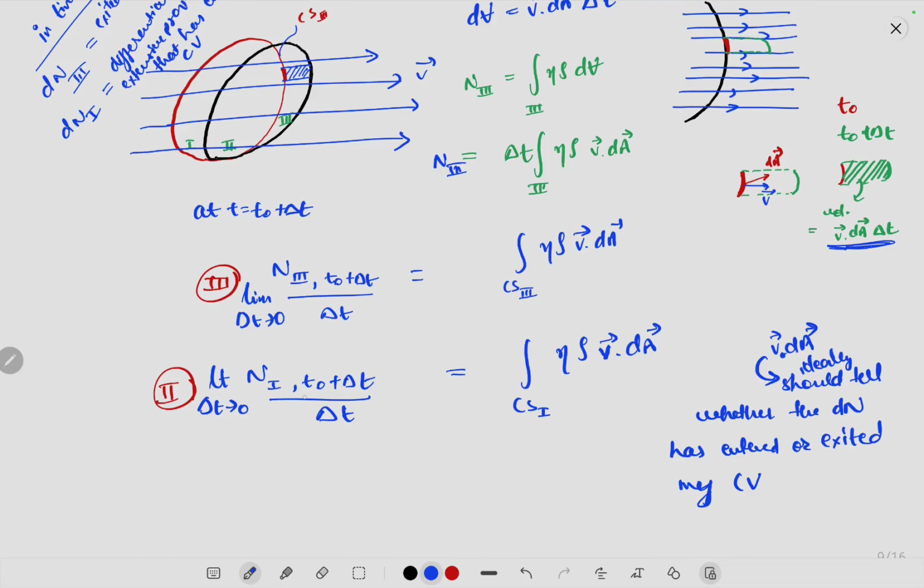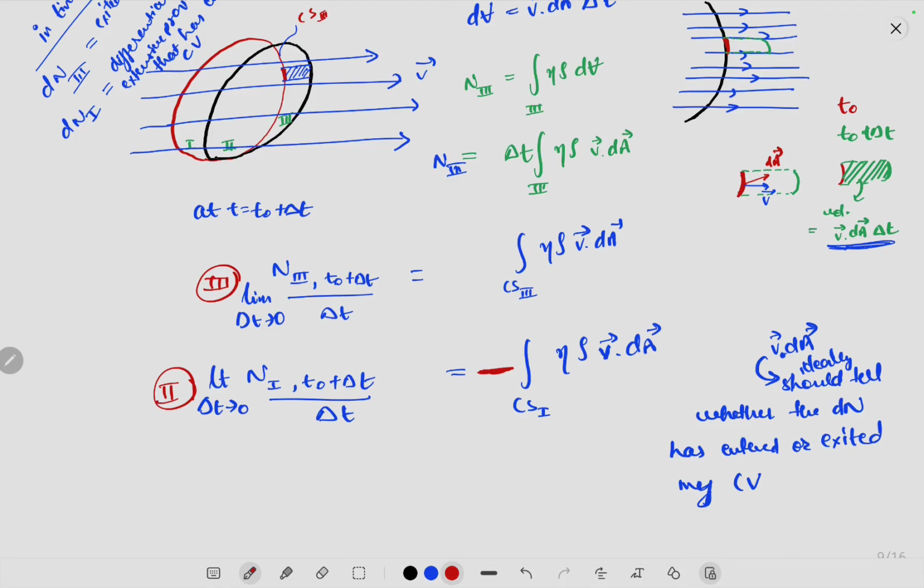Alright, but since we have assumed dn1 would be a negative quantity, and we are saying this would give me a negative quantity, to correct that, what we should do currently is put a negative sign over here.